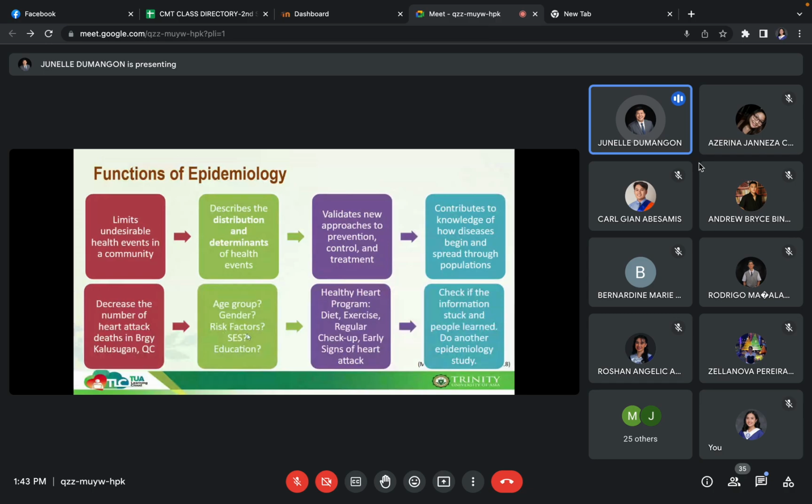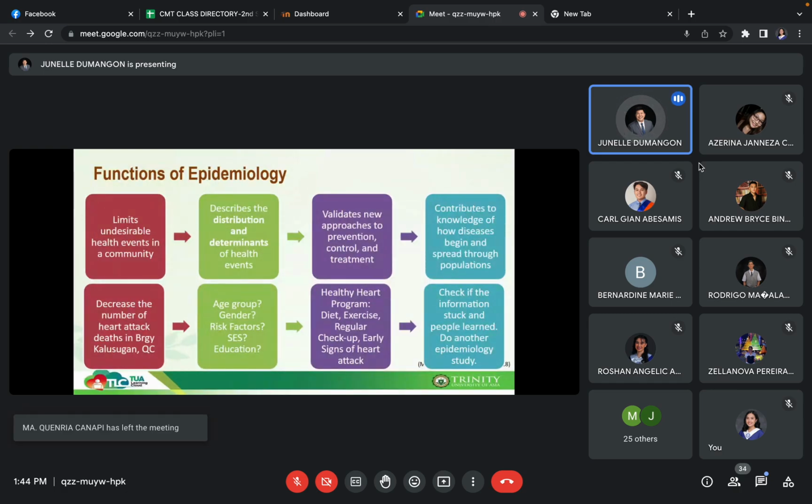Also, we'll determine the risk factors. Did those people who died from heart attack, are they cigarette smokers? Are they alcohol drinkers? Are they people who tried illicit drugs or illegal drugs? We also want to determine the factor of SES or socio-economic status.